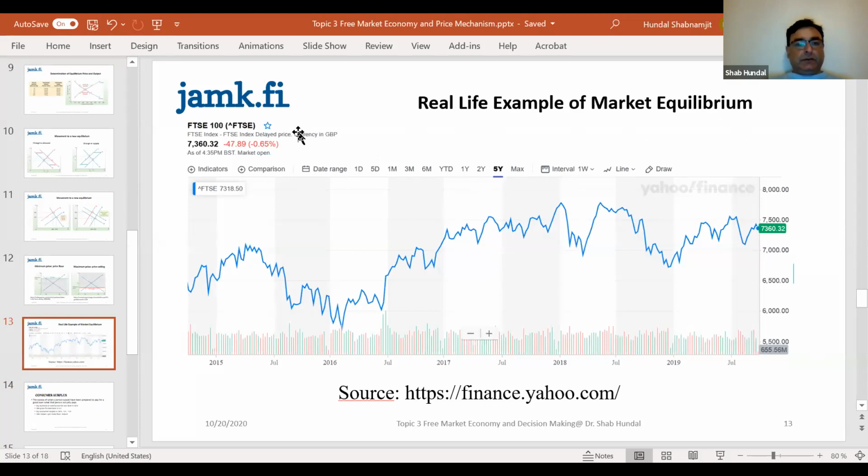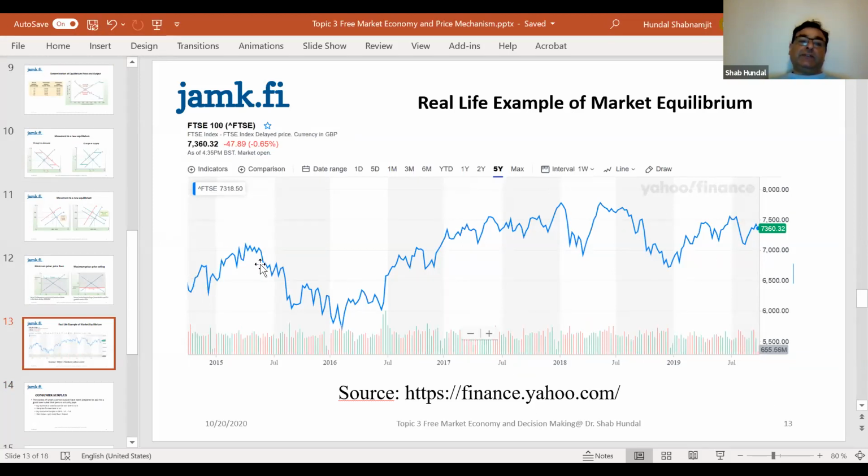And this is the FTSE 100, the index. And you can see here that this is from 2015. This shows how the market in Great Britain has been going up and down for the last 5 years. Which market? The stock market, the share prices.